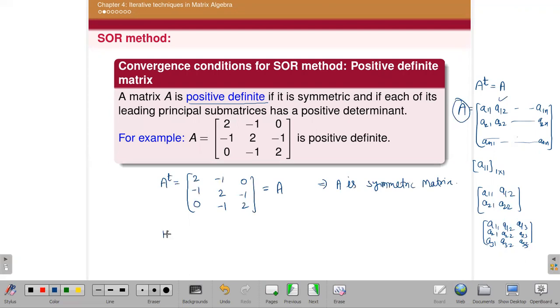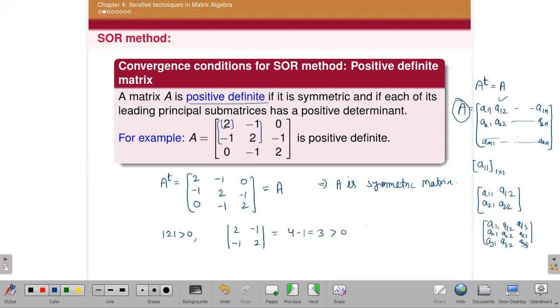Here 2 is greater than 0, and then we find the determinant of [2, minus 1; minus 1, 2]. First of all, we take this matrix, then this matrix, then we will take the full matrix. So it is 4 minus 1, which is 3, also positive.